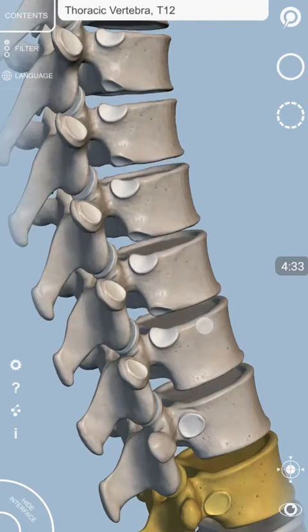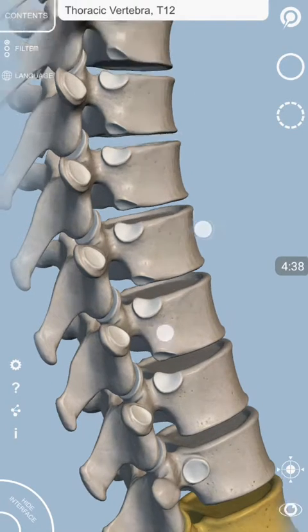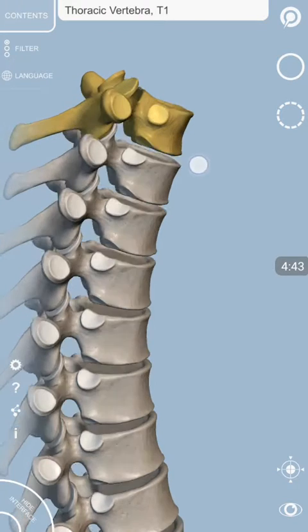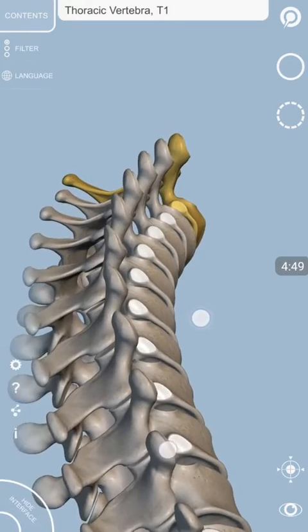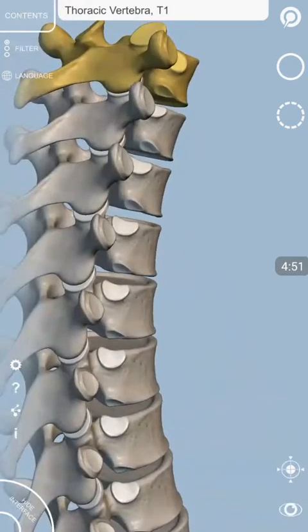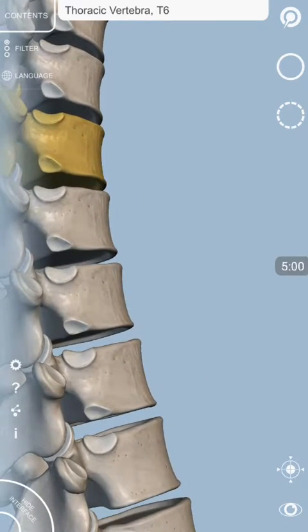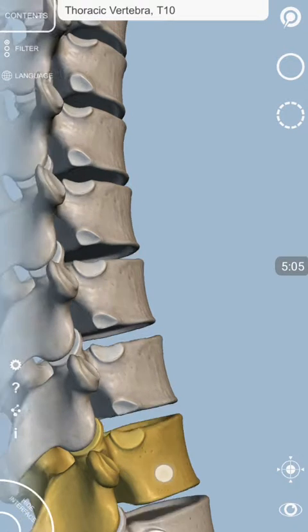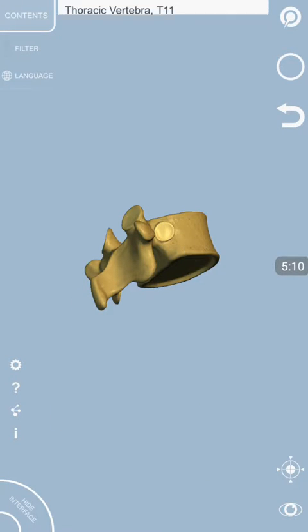So these 10th, 11th and 12th vertebrae are atypical, and the first vertebra is atypical because it has 1.5 facets, and the rest of the vertebrae in between all have demifacets, except for the ninth vertebra, where only one demifacet is present near the upper part of the body and the lower demifacet is gone.